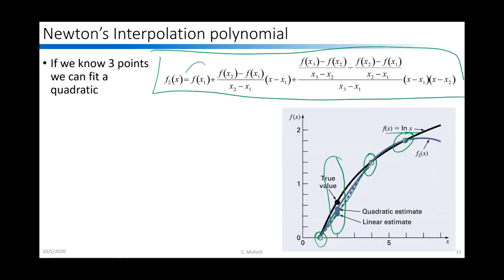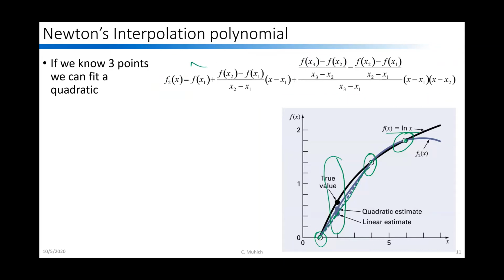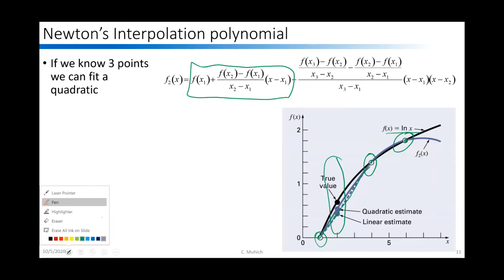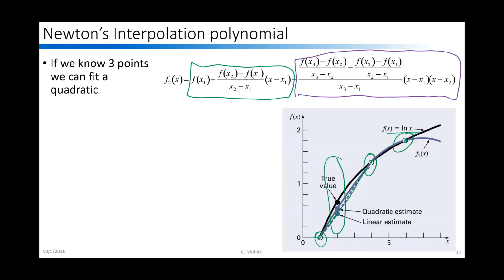So I still get to maintain those first 2 terms from the previous slide for a single value. And then I add on essentially a correction term. That's going to move us away from this linear piece into this quadratic piece.